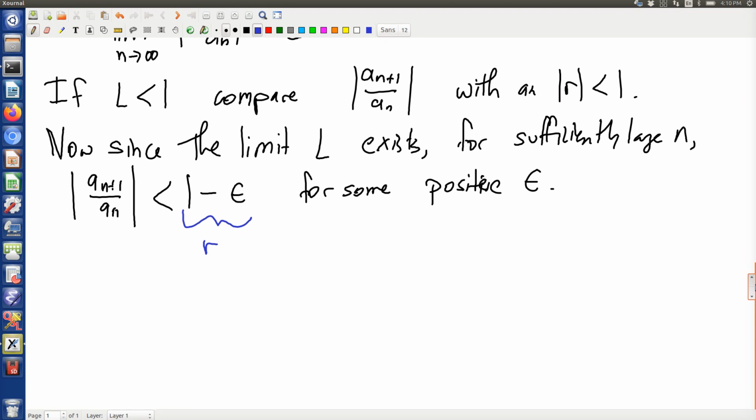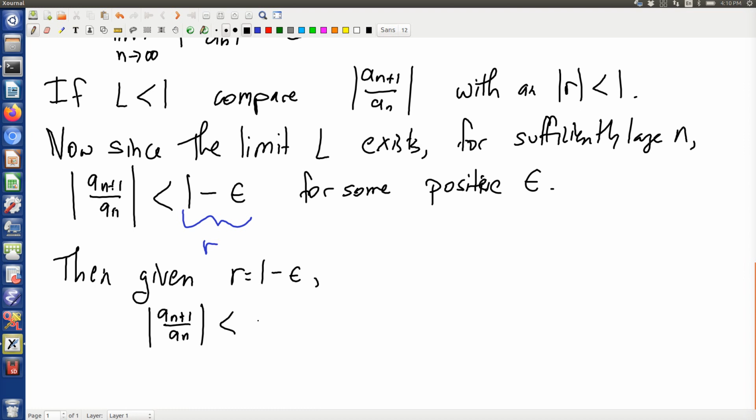Okay, so given that, now what can we say? Well, this inequality tells us something. So given r is equal to 1 minus epsilon, we've got this ratio. It's less than r.